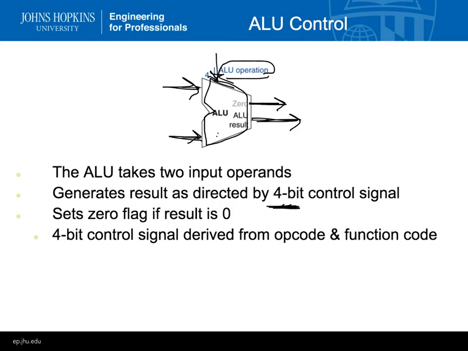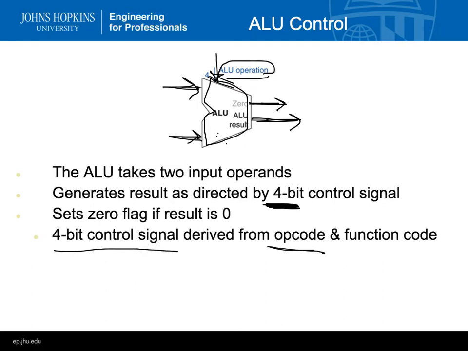So when we were building it, when we had it up to 0, 1, 2, and 3, that was 2 bits. But there's actually even more that the ALU has to decide. So the control signal is 4 bits. That's going to tell this ALU what kind of operation it's supposed to do. And where it gets that information, it figures out what it has to do from the opcode.